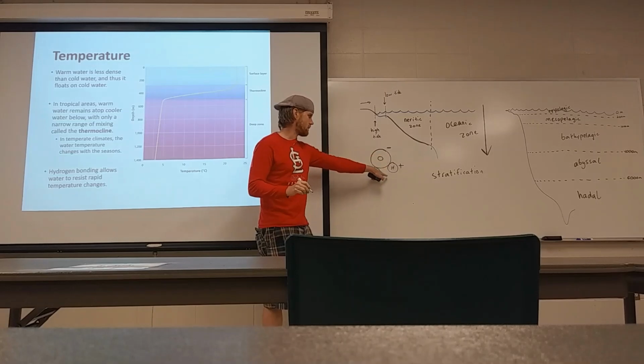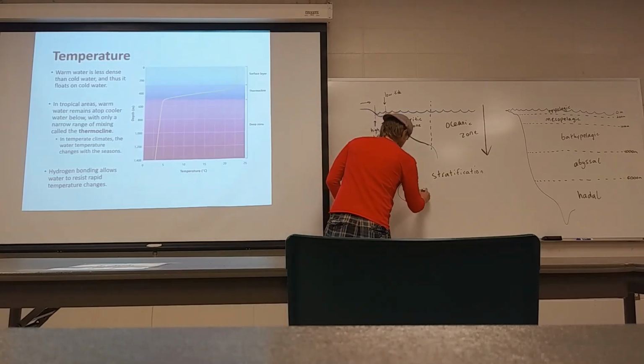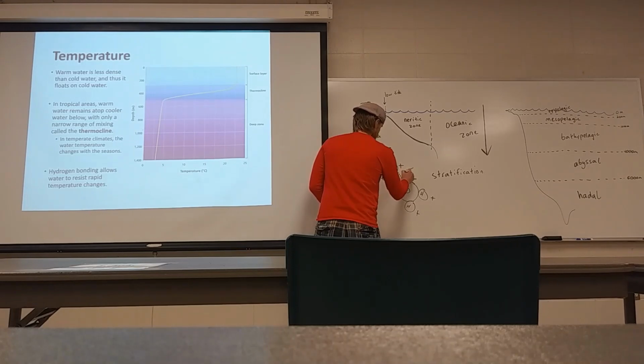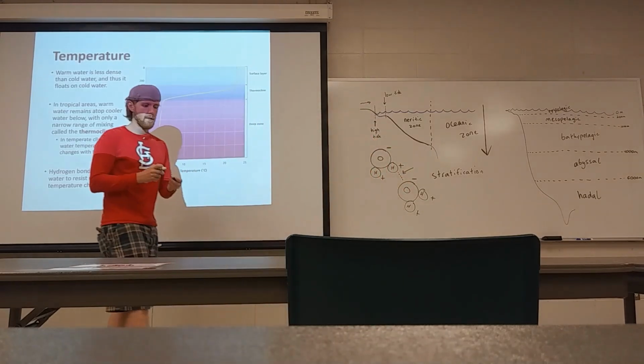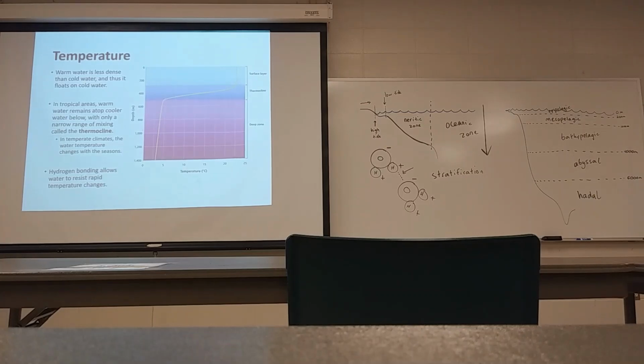Negative charge for the oxygens, positive for the hydrogens. So if there's 2 water molecules together, there's a bond between them, between the positive hydrogens and the negative oxygens. That's called a hydrogen bond.